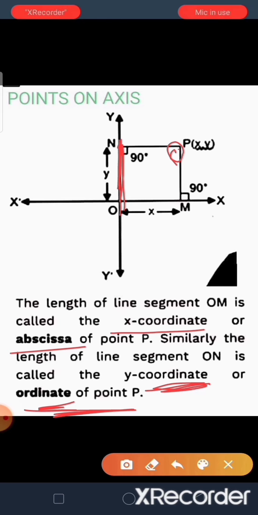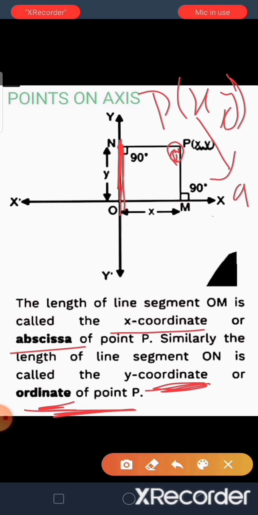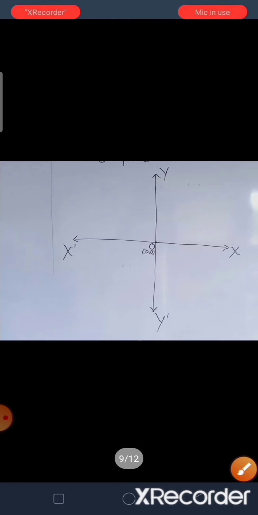So for our point P(x, y), the abscissa is x and the ordinate is y.